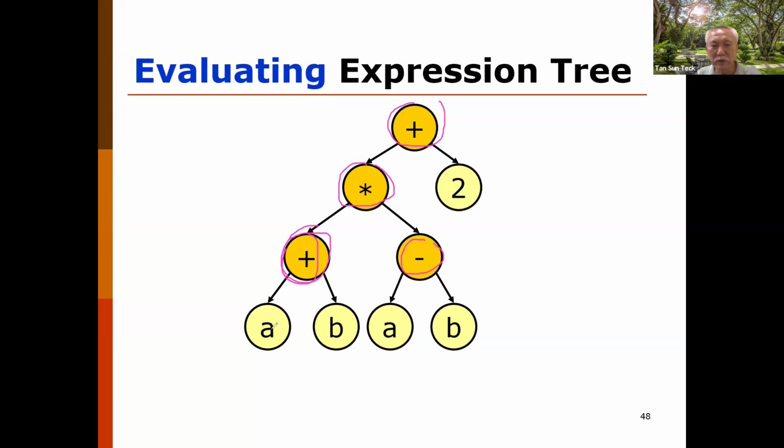The two operands for this plus or addition operation are A and B. For this minus or subtraction operation, they are also A and B, and so on. So we can represent this without any need for brackets, because it is implicit inside the tree.